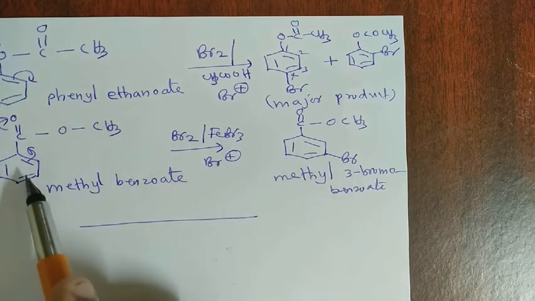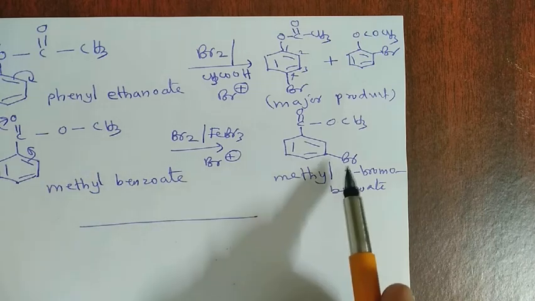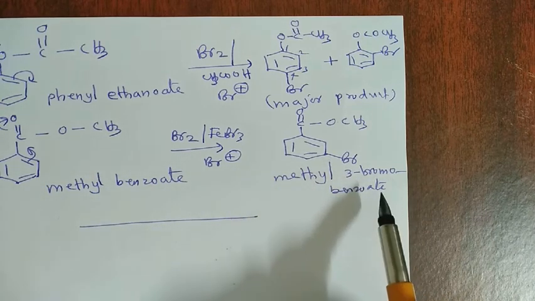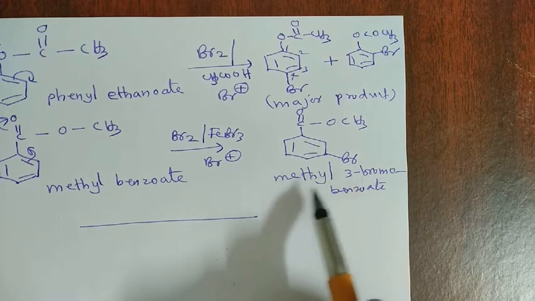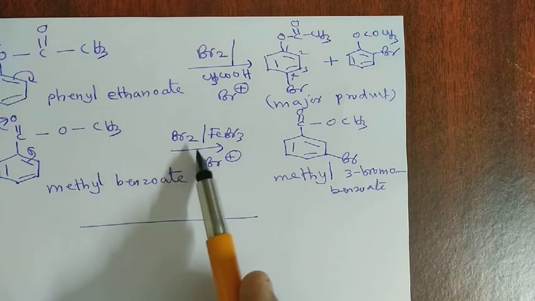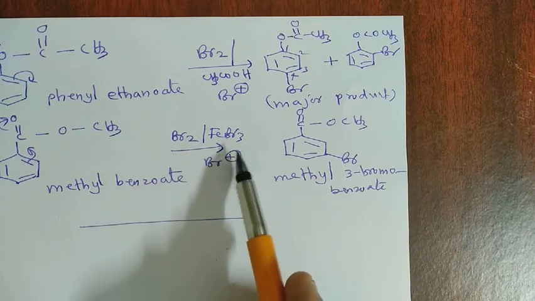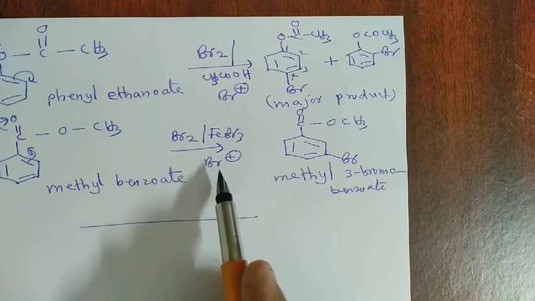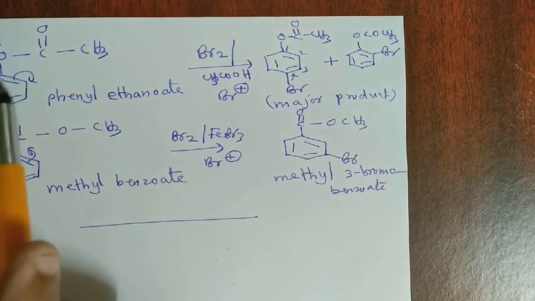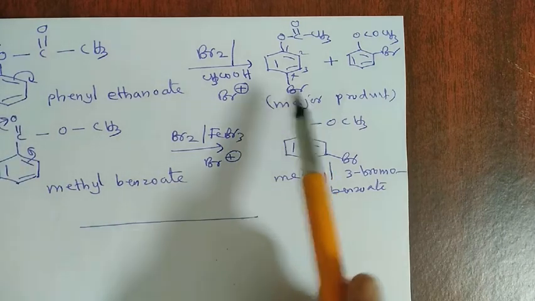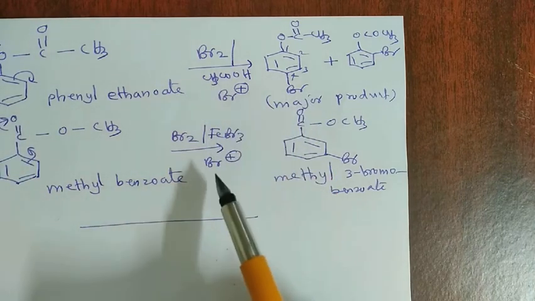In this case, the product is methyl 3-bromobenzoate, or methyl meta-bromobenzoate. Here the reagent is bromine in the presence of ferric bromide. In both cases, the electrophile is the bromonium ion. So due to the difference in attachment, they behave differently in electrophilic substitution reactions.